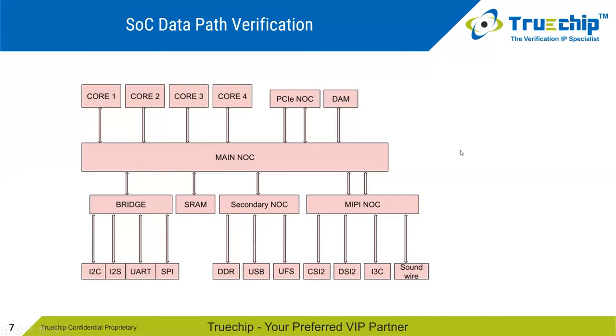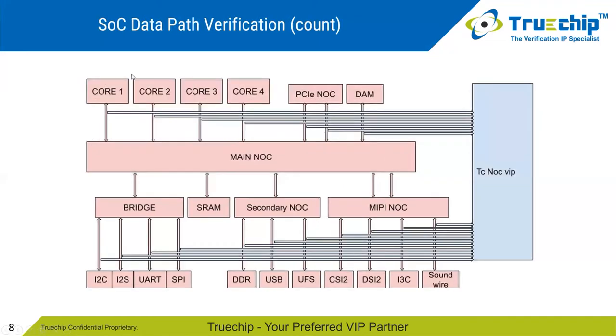These you can achieve using the Truechip NoC Verification IP extension. As you can see in the slide, you can simply take a single NoC VIP and connect it to each of the interfaces as shown.